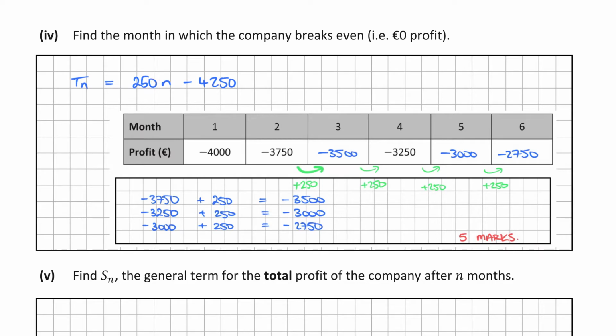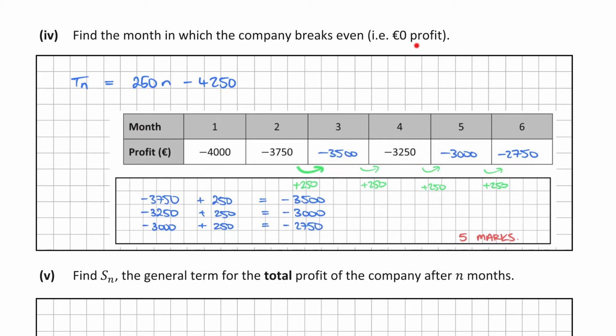If I add 500 to this negative 4,250, I get an outcome of this. If I put 3 in for n, I get an outcome of this. If I put 4 in, 5 in, or 6 in, I get an outcome of this. What the question's asking me now is what number can I put in order to get an output of 0.